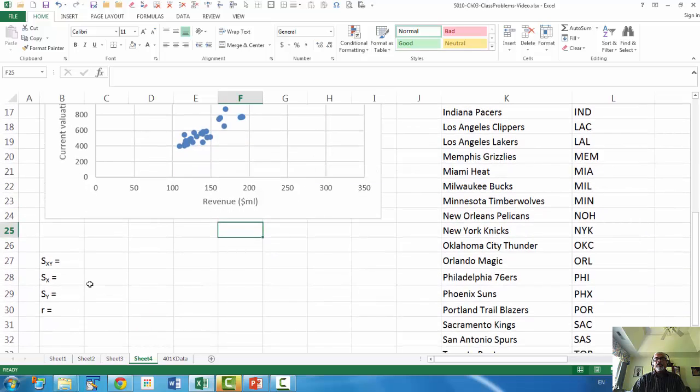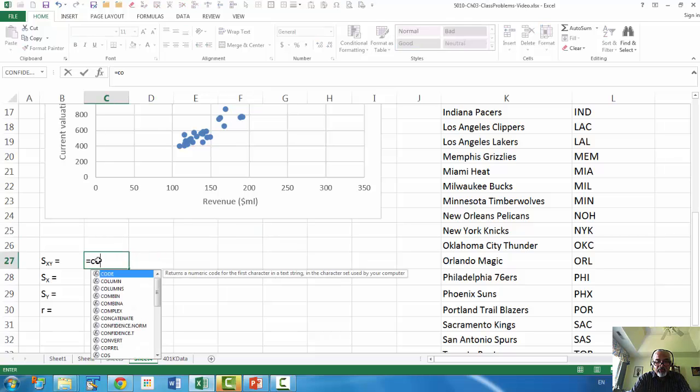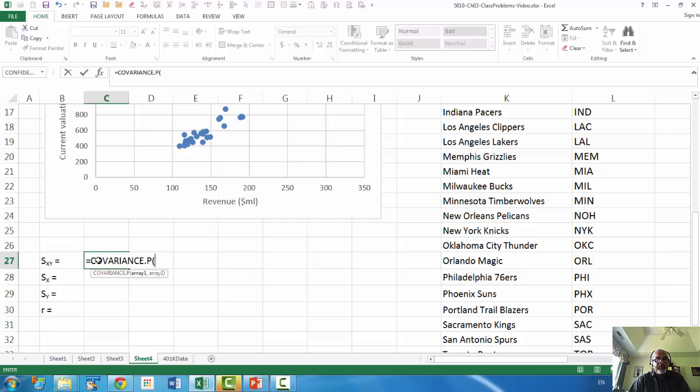Now we're not going to compute the covariance and the standard deviations from scratch. We'll simply use the Excel function to get these values. So covariance S sub xy is COVARIANCE.S, covariance of sample.